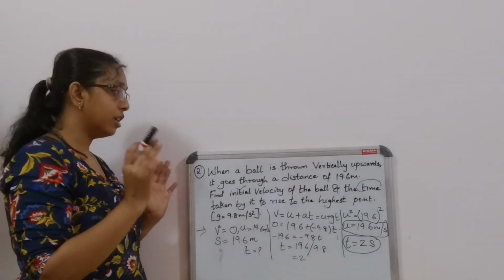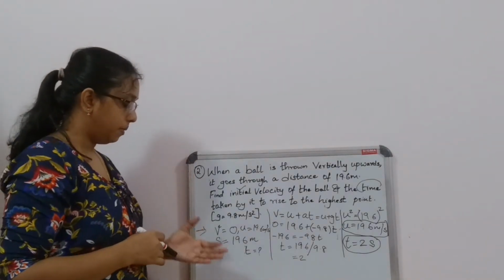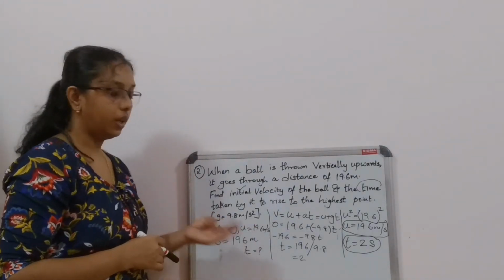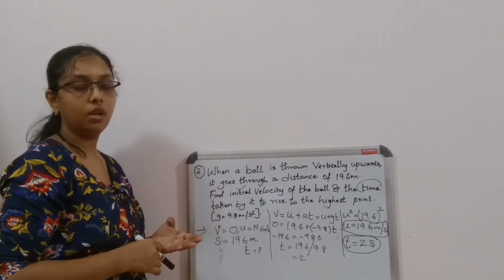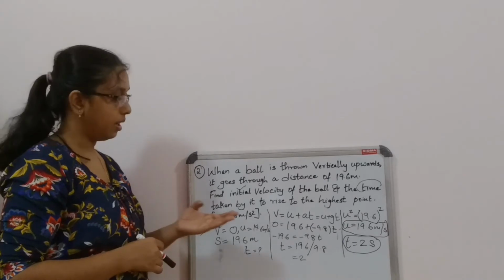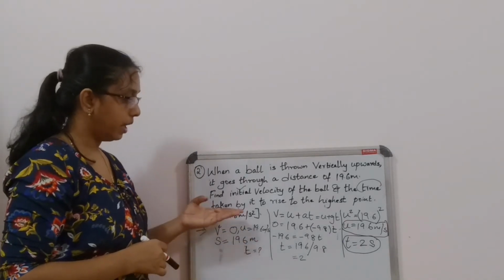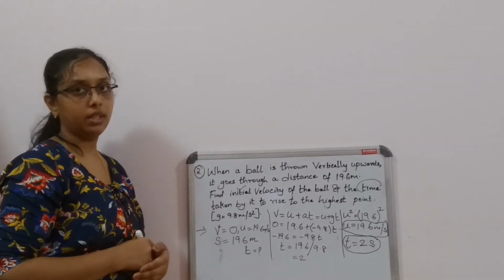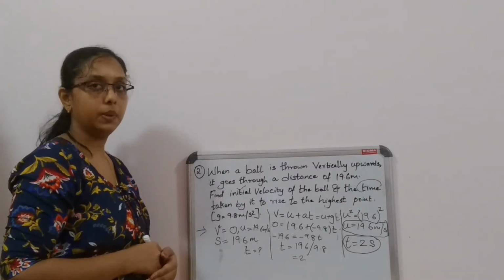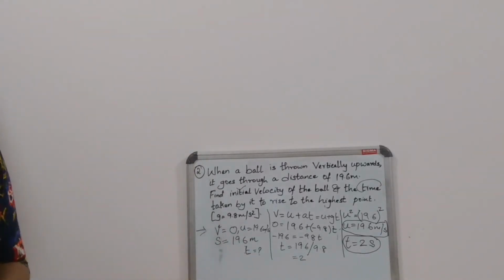So considering all this, we have taken the values, we have compared and taken the equation of motion, and we have solved. Finally, we got the initial velocity and the time taken. Hope you understood this question.